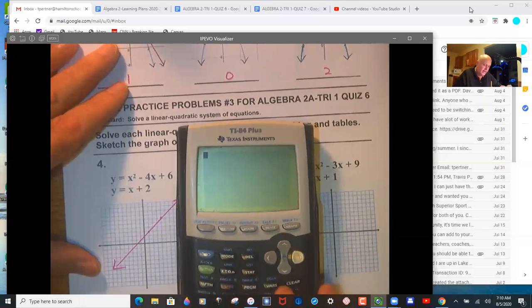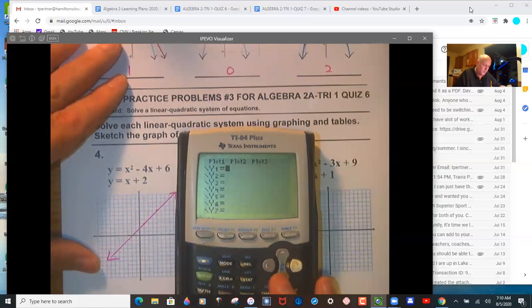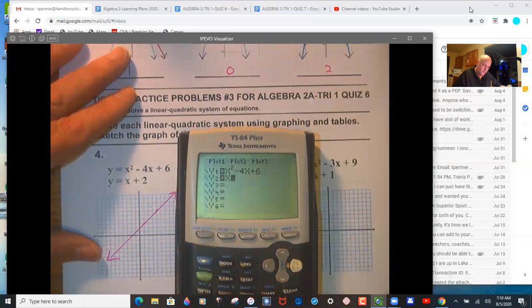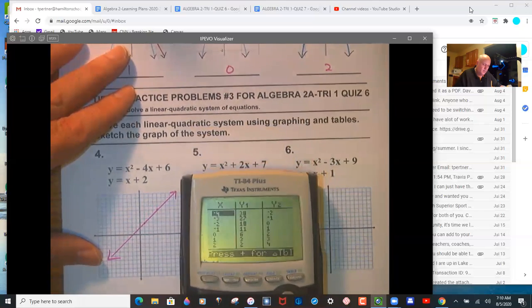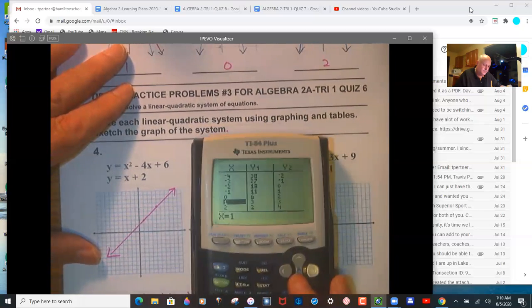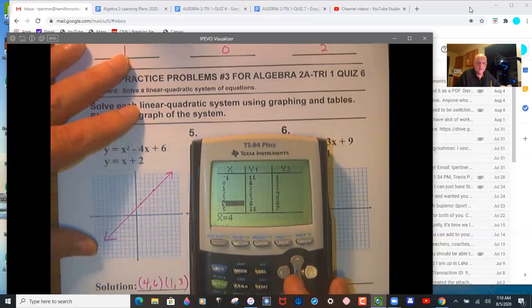But the whole idea on this exercise is we want you to know how to spot things using a table. Okay, so you see at 1 we have 3, and then at 4 there's 6.